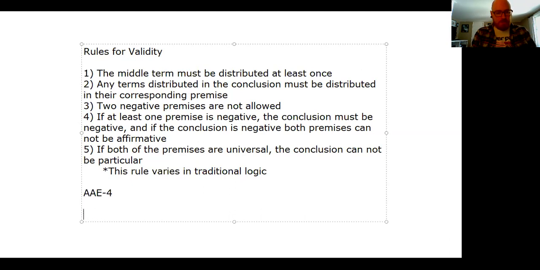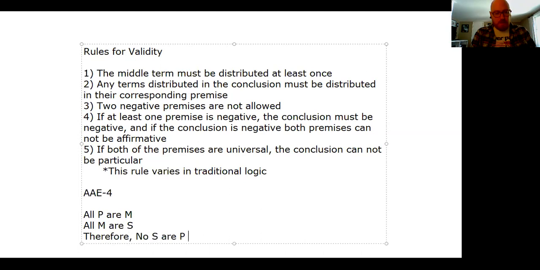So that would be: All P are M, all M are S. Therefore, no S are P. Okay, so the major premise is an A, the minor premise is an A, the conclusion is an E. So all P are M, all M are S in figure 4, right? So that's figure 4. Therefore, no S are P.